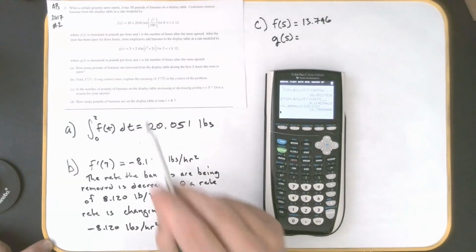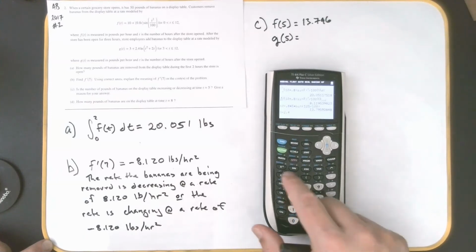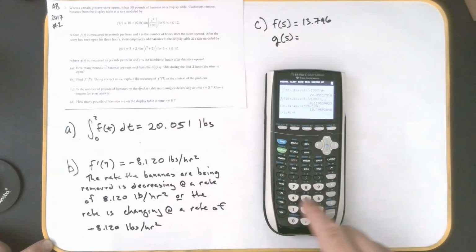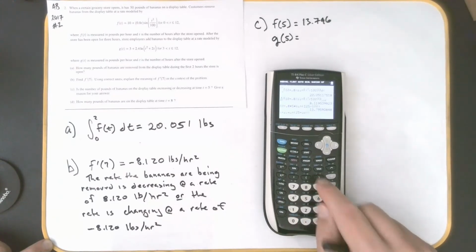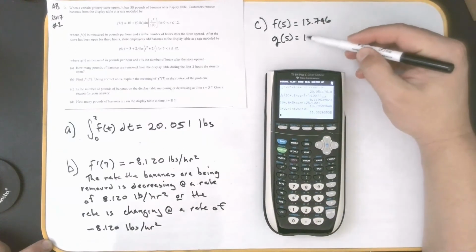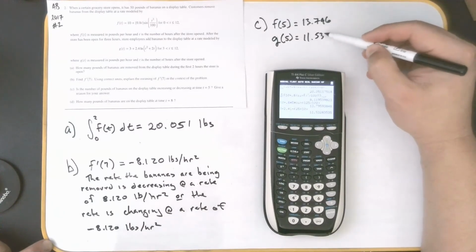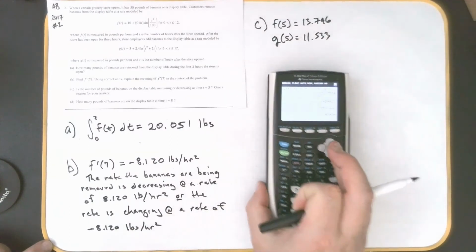Now let's figure out what g of 5 is. So g of 5 is 3 plus 2.4 times the natural log of 5 squared, which would be 25, plus 5 times 2, which would be 10. And let's see what that number is. That number is 11.533 rounded.